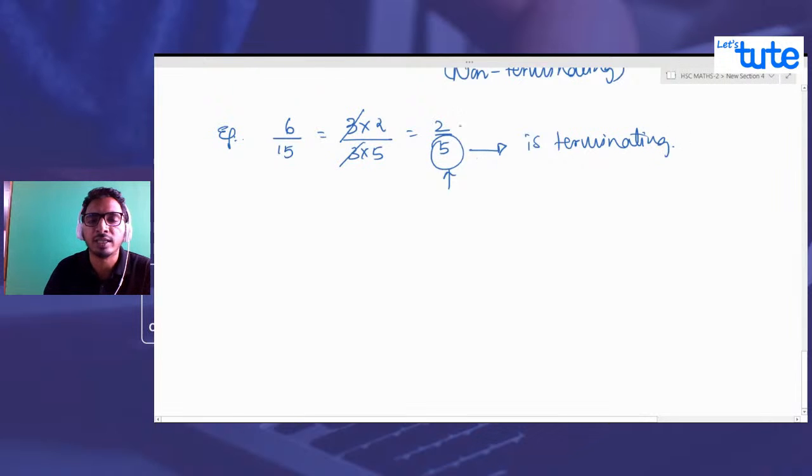By the way, 2 upon 5 is 0.4. Yeah, 0.4. So we can see that we have a terminating decimal number.